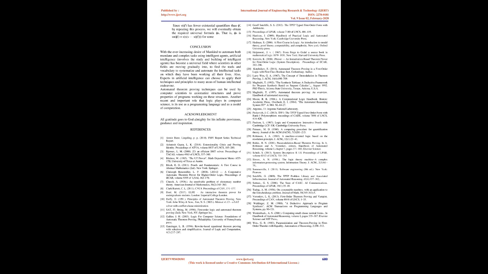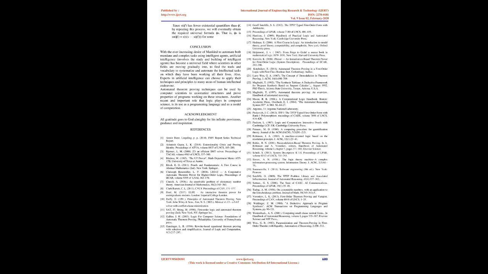Since ψS has fewer existential quantifiers than ψ, by repeating this process, we will eventually obtain the required universal formula φS. That is, φS is ψn equals ψS, ψSS, ψSSS, for some n.